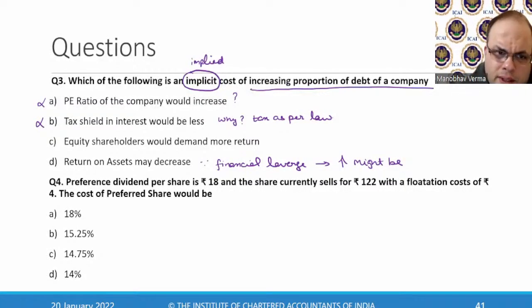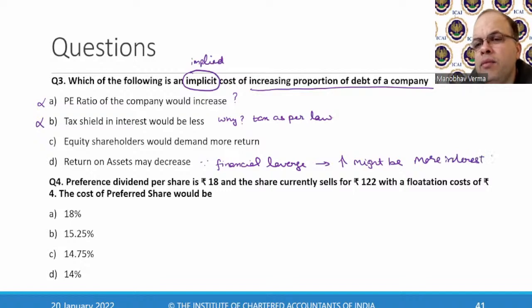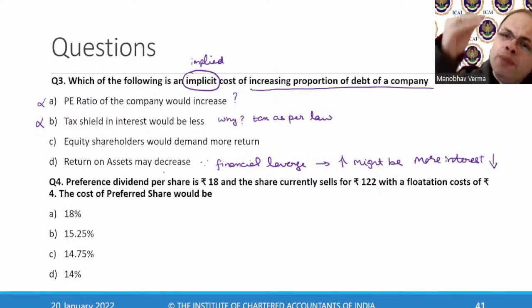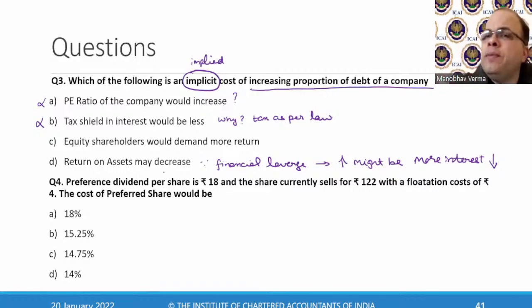But the point also was implicit. Even if I say that, okay, I have a more interest cost, and you guys want to say that, sir, more interest is there, my net profit is going down. The word was implicit, implied cost. I'm not saying explicit cost. So even if the financial leverage impact is not yet shown, my interest is bringing the earnings less, D cannot be the answer.